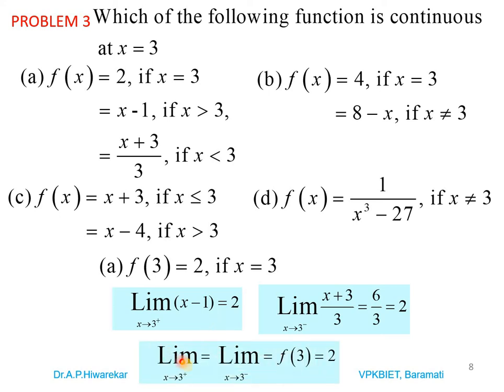So limit of f(x) as x tends to 3 from the right is equal to limit of f(x) as x tends to 3 from the left, which is equal to f(3). So function is continuous at x is equal to 3. Means the answer is A for this problem. It is very clear, just by checking you can easily get the answer.